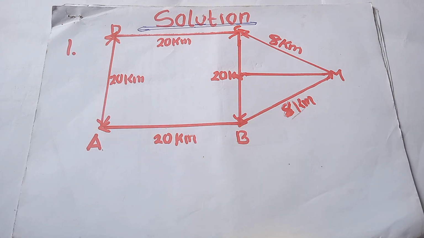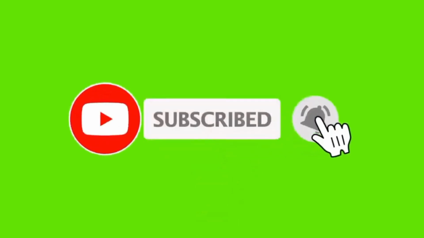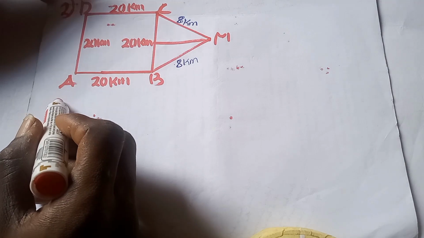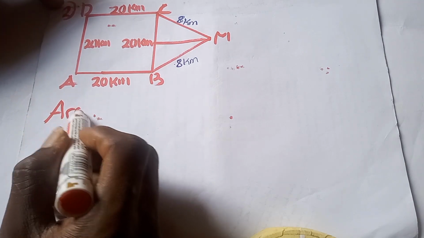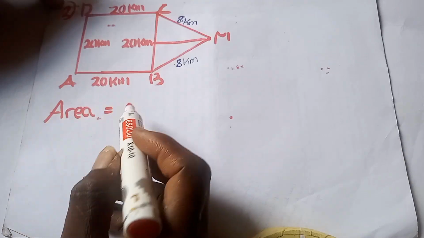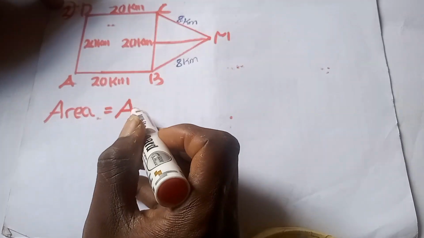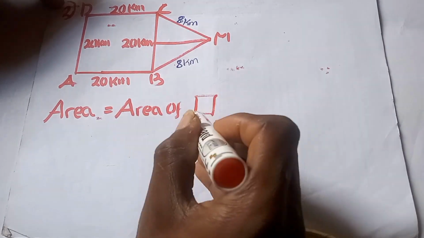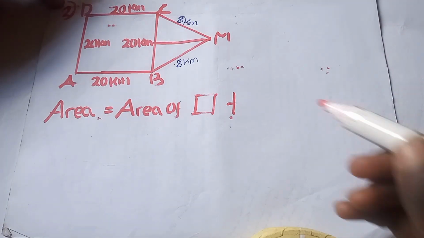Now let's proceed with our calculation. So now let's proceed. The total area is equal to what? Area of the square plus what?